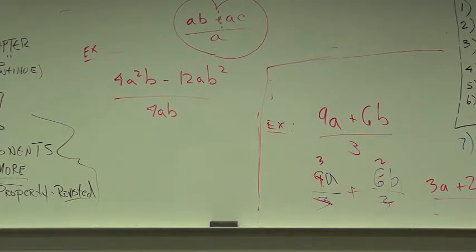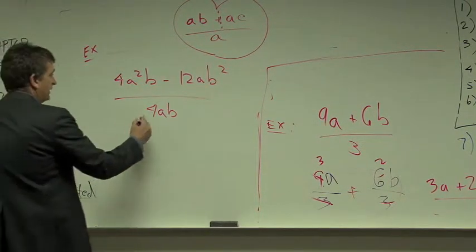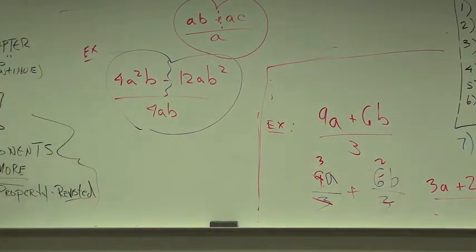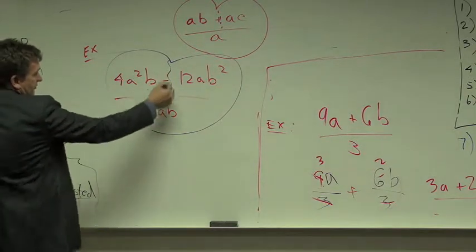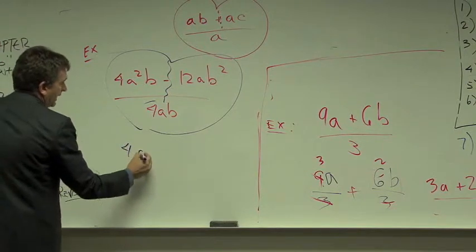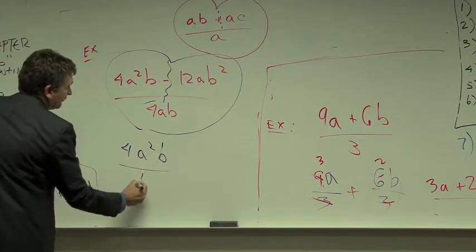Oh, yawns are coming. I hear them. This one you want to take your time on. So again, I'm going to make my heart, my broken heart, because I love you, man. I'm going to break this down into both these guys. So I'm going to get 4A squared B all over 4AB.